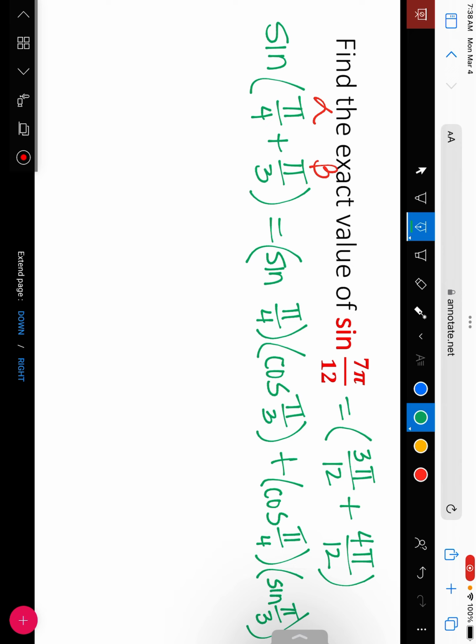I do think the hardest part is finding the angles that you're going to use. Why is it pi over 4 but then pi over 3? You are right. Pi over 4 would technically be the beta, and pi over 3 would be the alpha, because that's 60 and 45. Now for this one, I'm not going to change it.